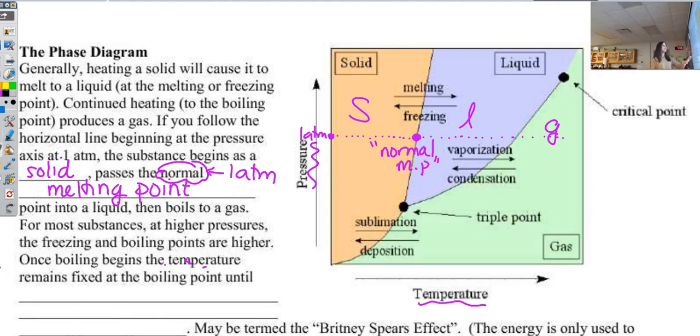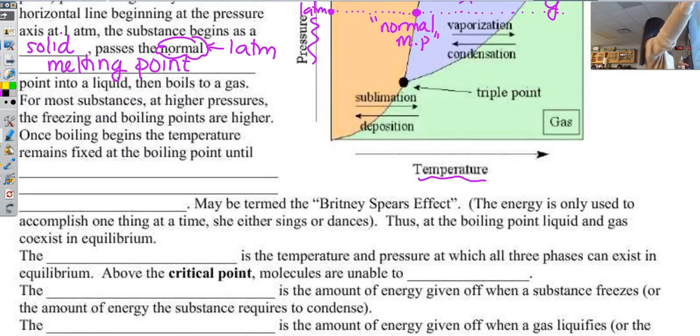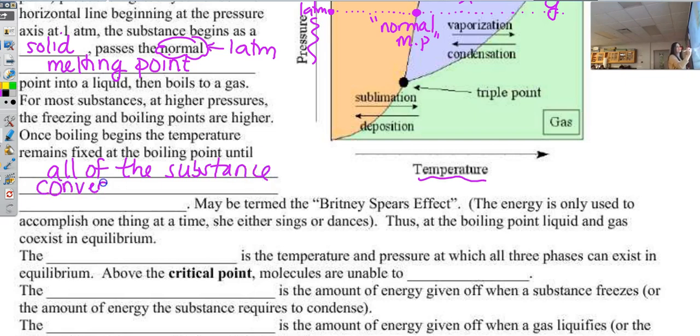And then it's going to boil into a gas, and for most substances at higher pressures, the freezing and boiling points are higher. Once boiling begins, the temperature remains fixed at the boiling point until all of the substance has been converted into gas.